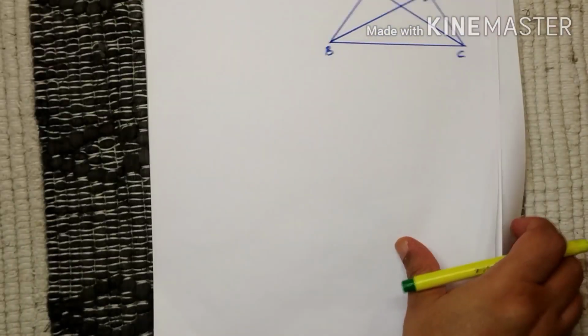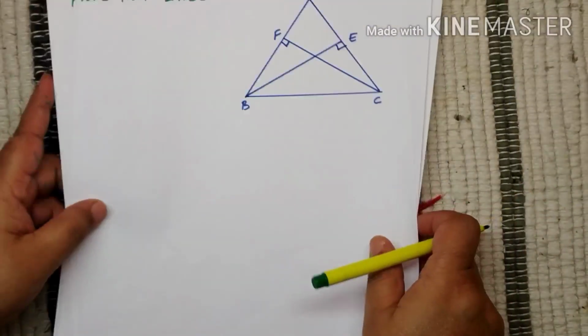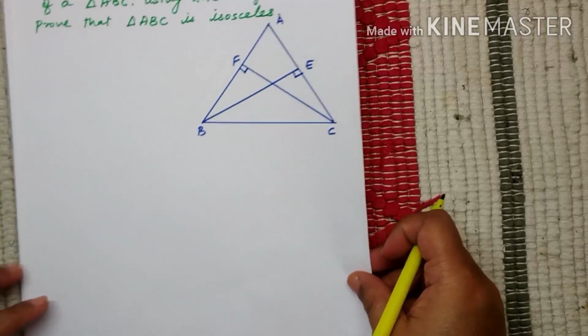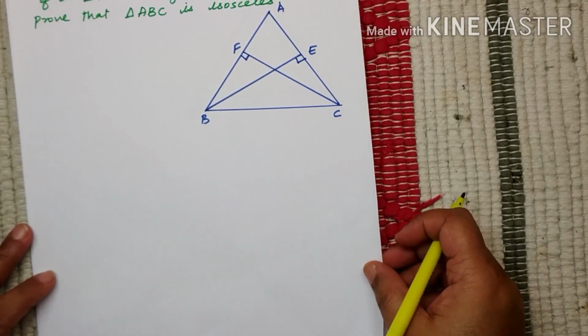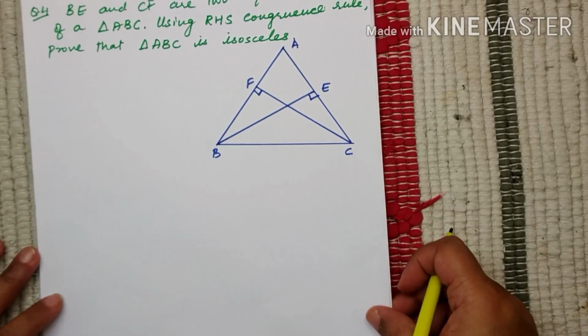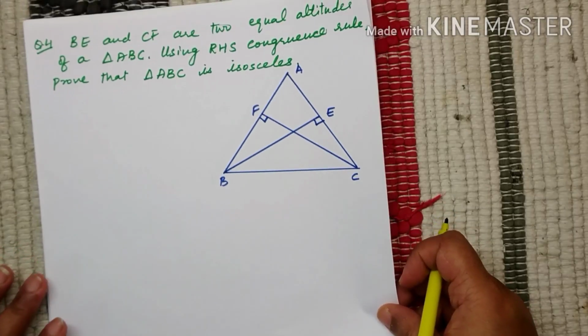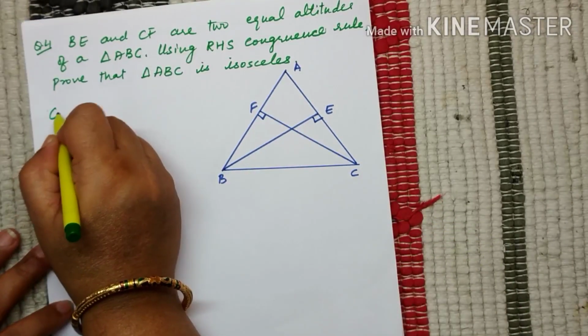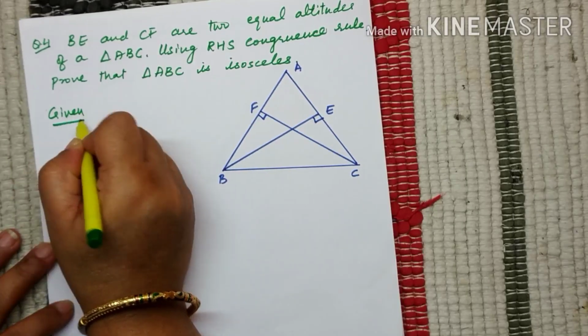Now moving on to question 4, children. Question 4 says BE and CF are two equal altitudes of triangle ABC. Using the RHS congruency rule, prove that triangle ABC is isosceles. So what is given again in this question? First we write down this.